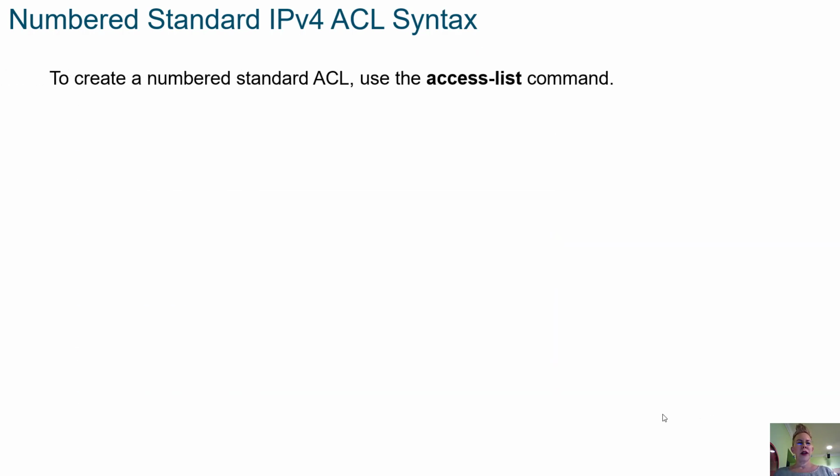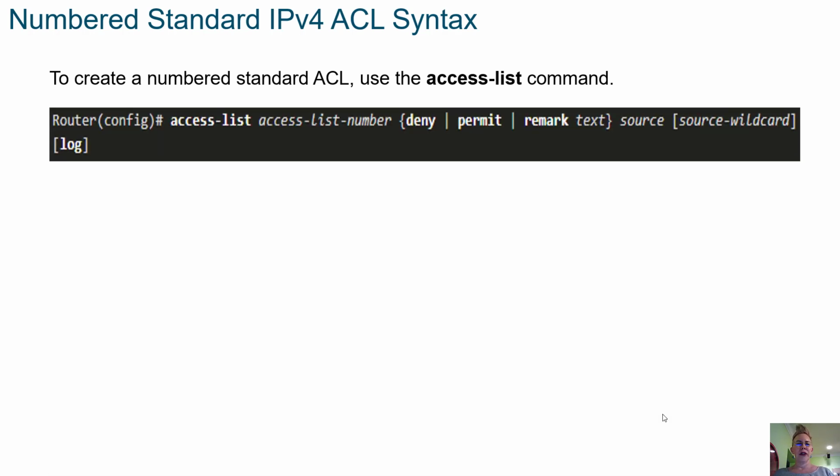All right, so to create a numbered access control list, we're going to use the command access list. The first type of access list we talk about is actually a numbered access control list. So notice here, we're going to just be in global configuration mode, and we're going to write access list.